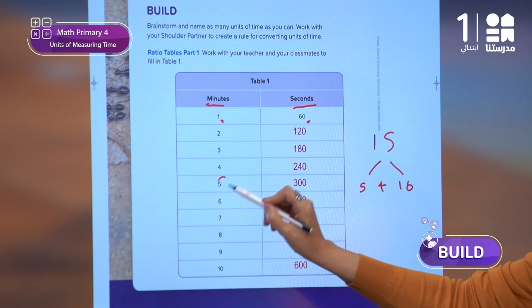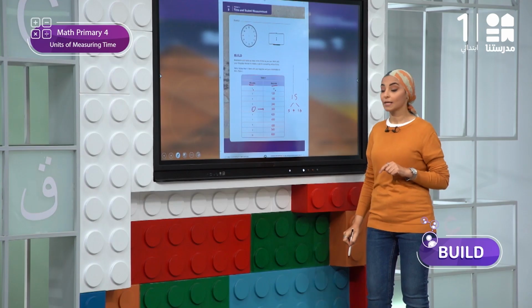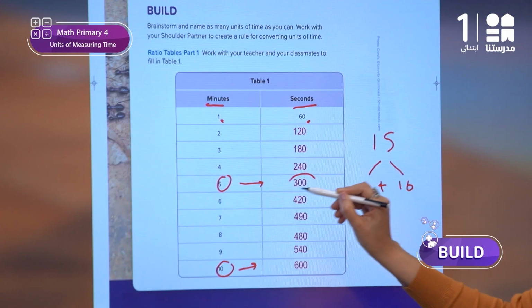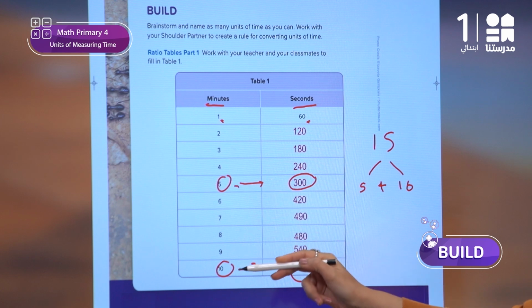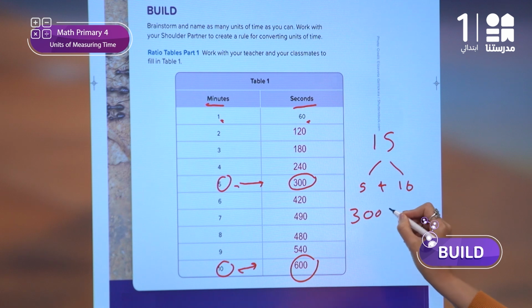Yes, 5 minutes equals 300 seconds. And what about the 10? 10 equals 600 seconds. So I will do 300 plus 600, because I want to get 15 minutes. 10 plus 5 means 300 plus 600, which equals 900 seconds.